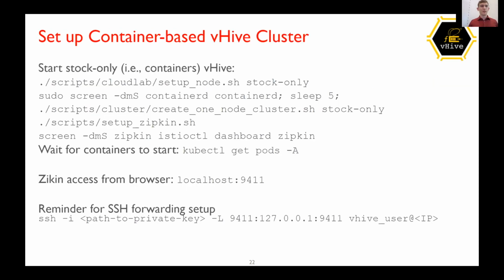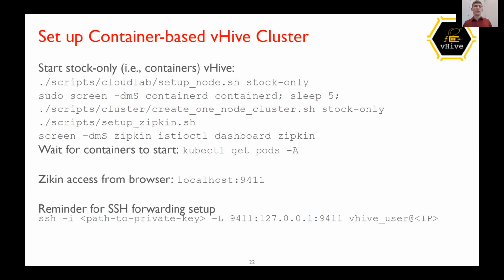To set this up, we will use stock Knative, so basically stock-only vHive. This is mainly because it's easy to go through all the steps, so we're not stuck going through a bunch of vHive and then back to Knative and then back to vHive. We will use a very simplified model, and for this you can use the following commands to set it up.